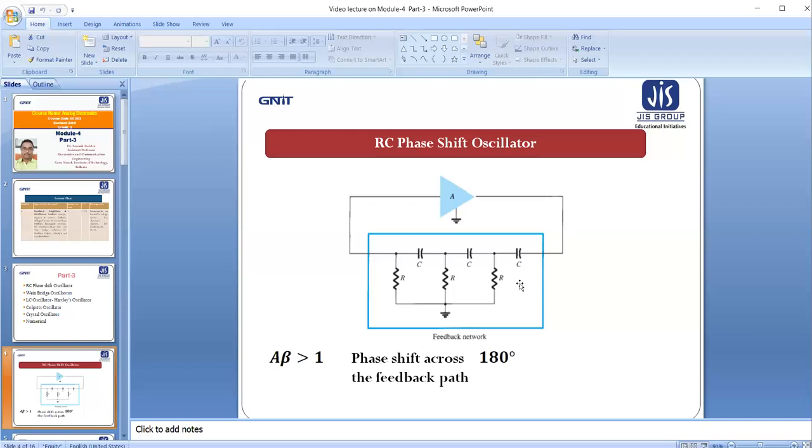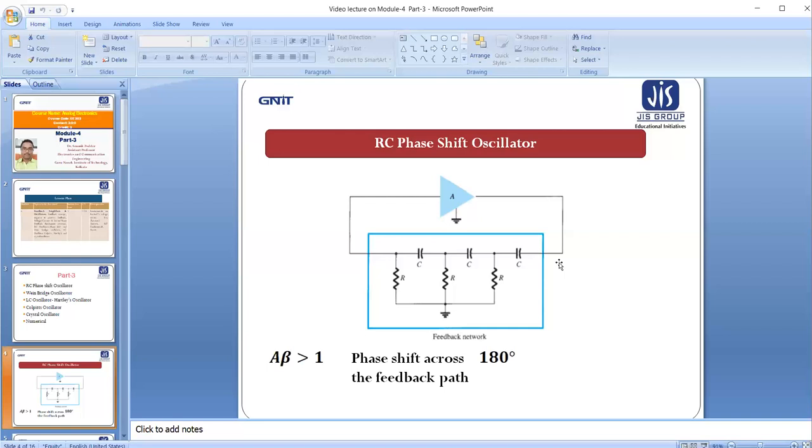Here I have shown the 3 CR network, and after that the feedback signal is going to the input of the main amplifier. Thus it will meet the Barkhausen criteria and produce a sustained sine wave oscillation with stability.